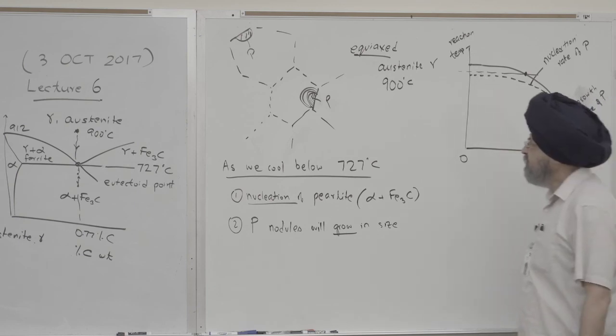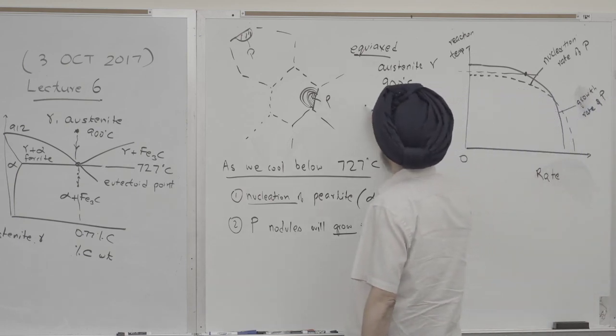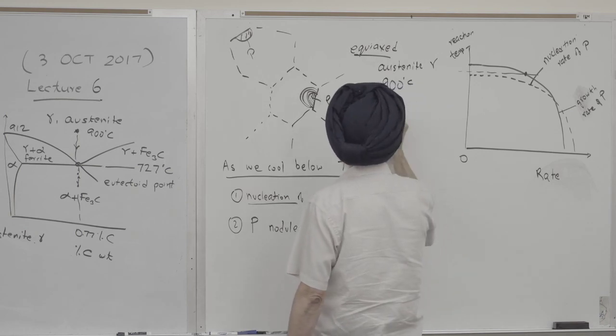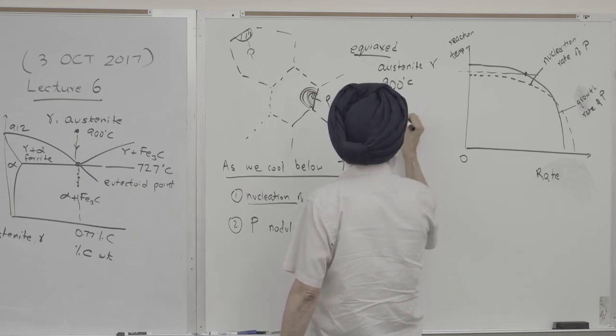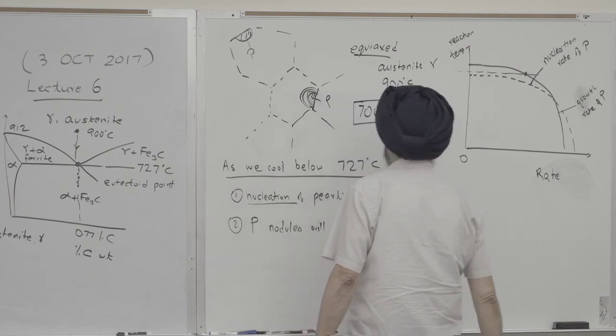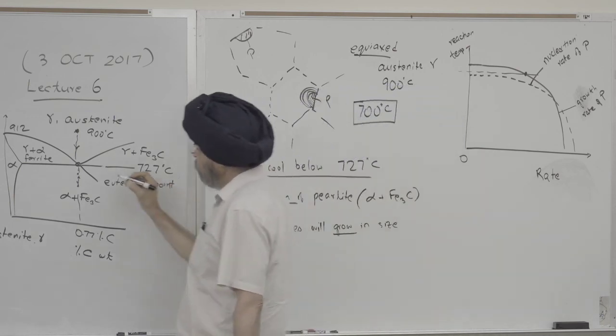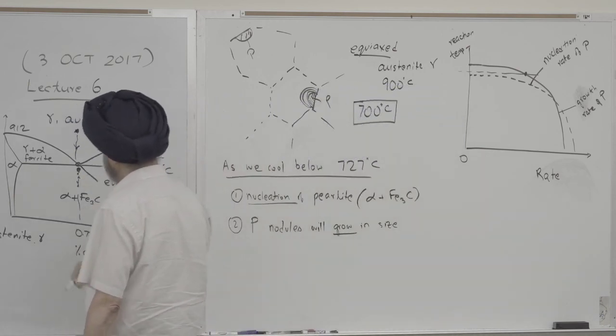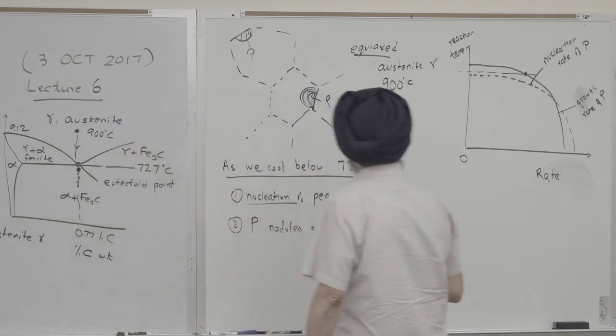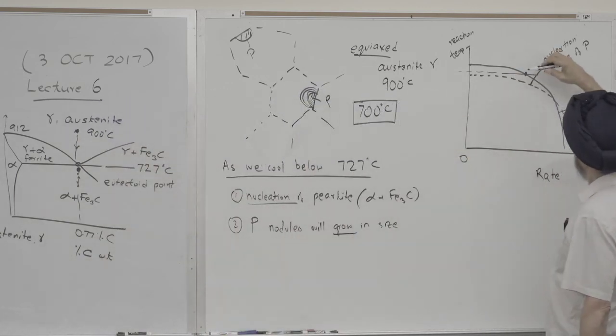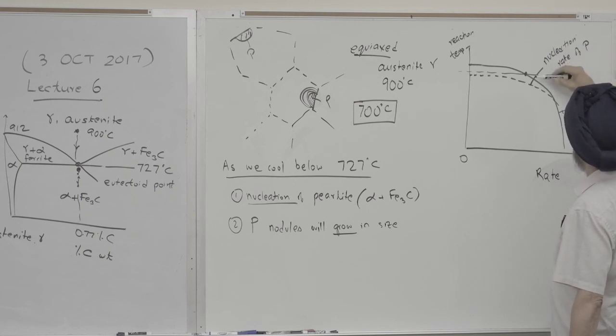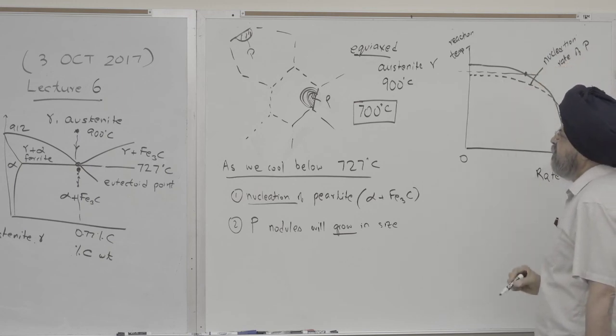So let's take the case of 700 degrees centigrade. We cool the steel to 700 degrees centigrade, somewhere over here, just below the eutectic. At that point, the growth rate will be high, but the nucleation rate is low.